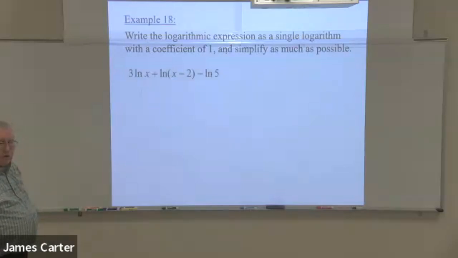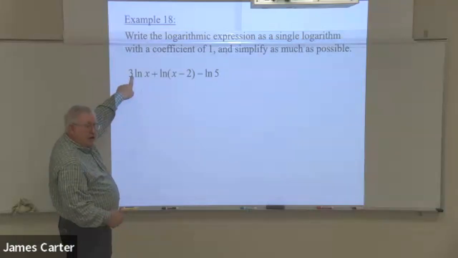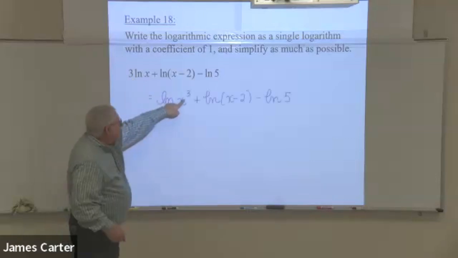This one's a little longer. We're going to have to keep that x minus 2 together all the way. I've got a repower here I need to do. I need to repower that 3 like this.